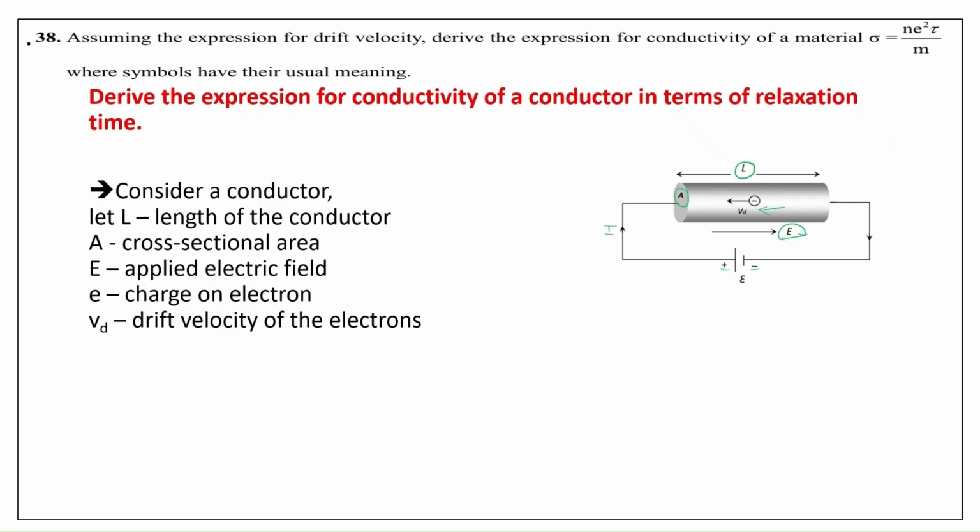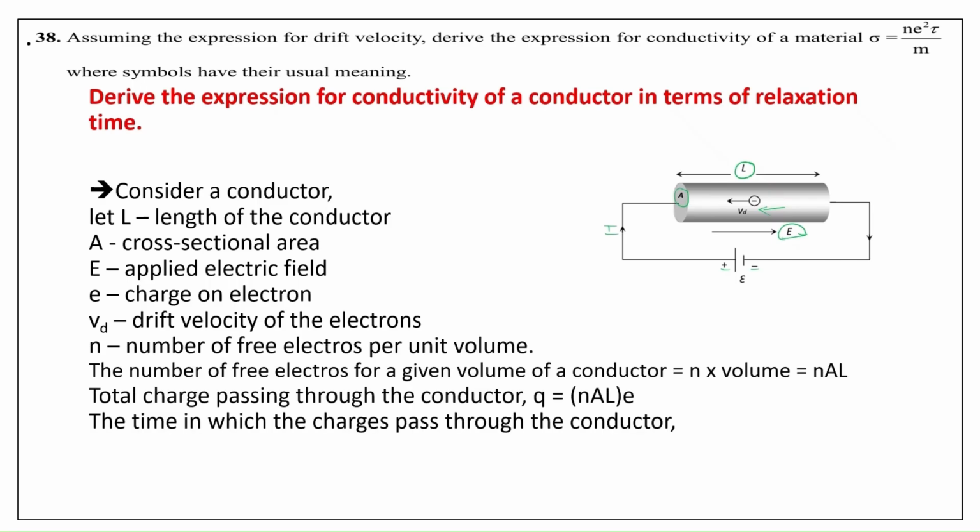n is the number of free electrons per unit volume. The number of free electrons in a given volume of a conductor is equal to n into volume, which is equal to nAL. Total charge passing through the conductor, Q is equal to nALe. The time in which the charges pass through the conductor, t is equal to L by Vd.